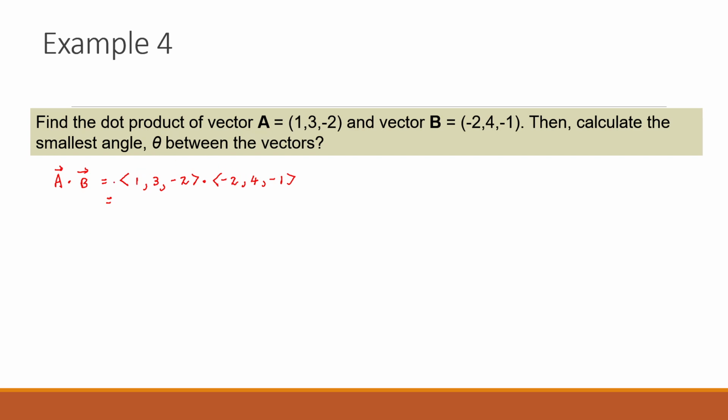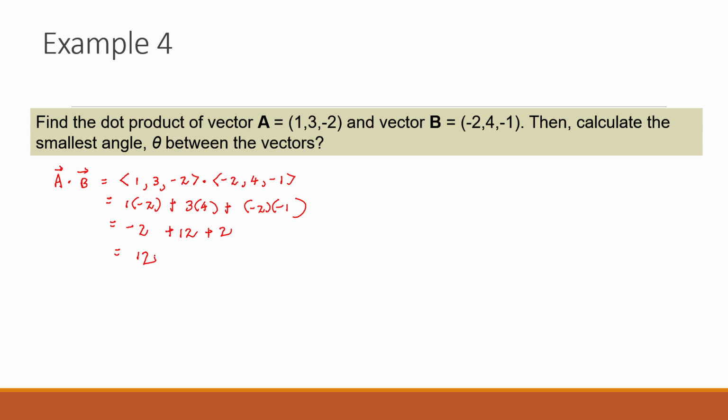So you have 1 multiply negative 2, plus component J dot J, because J dot J is 1, so 3 times 4. Component K dot K is 1, so you have negative 2 times negative 1. So you have negative 2 plus 12 plus 2. The answer is 12.